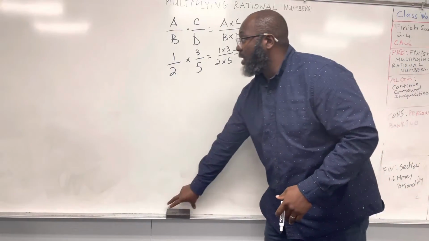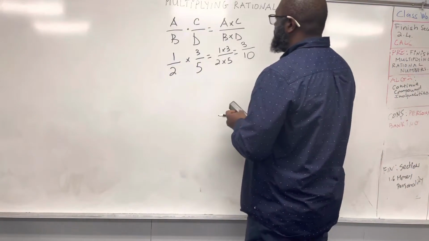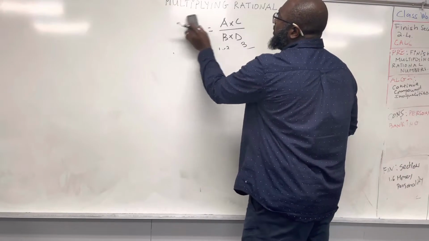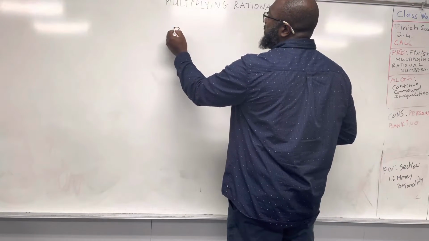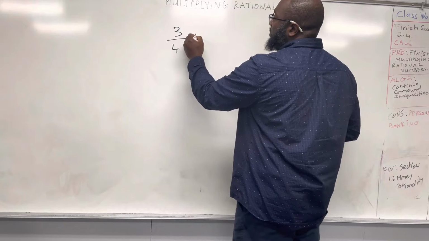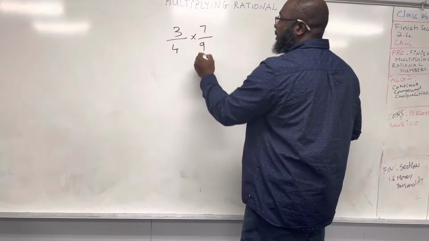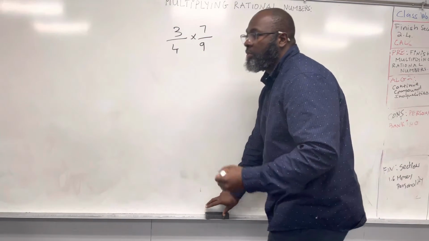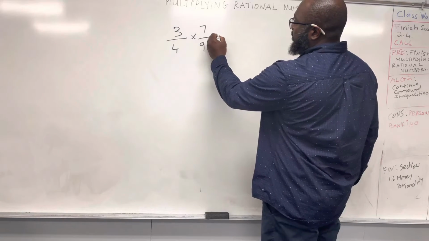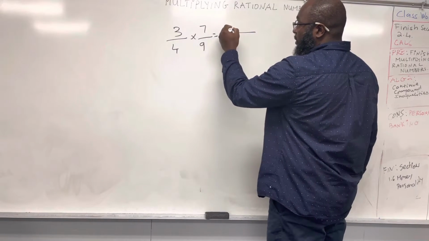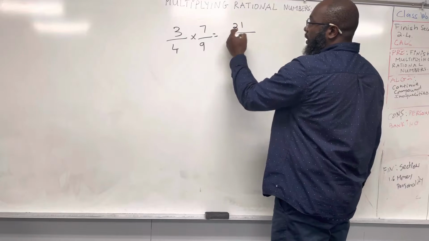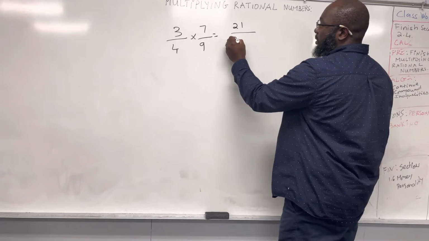Okay, but then we have another case. Let's assume that I have 3 over 4 times 7 over 9. To multiply these numbers, we're going to do 3 times 7, which is 21, and then 4 times 9, and that is 36.